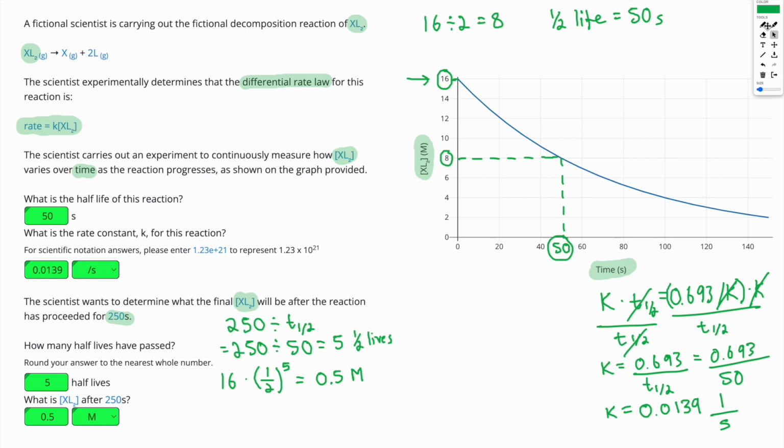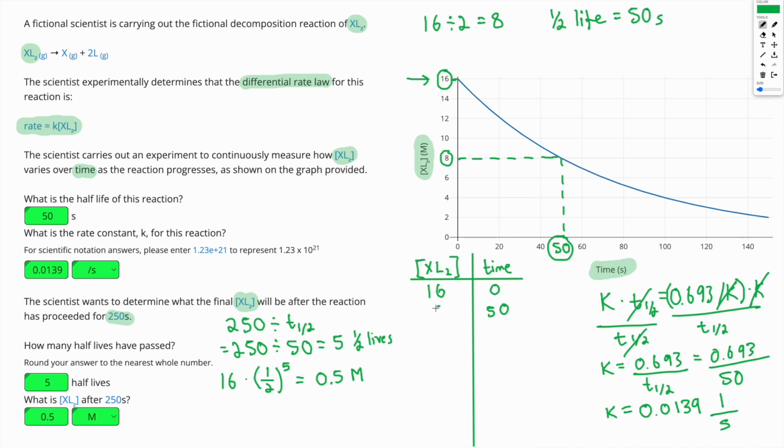We could also use the table method. So I'll show that to you now as well, in case you prefer that. So we've got the concentration of XL2 and we've got time. So the initial concentration of XL2 is 16 molar and the time to start with is 0. Then we know after one half-life has passed, so after 50 seconds, our concentration will have halved.